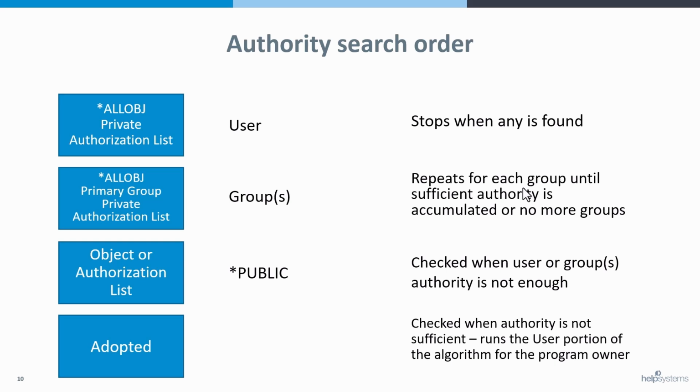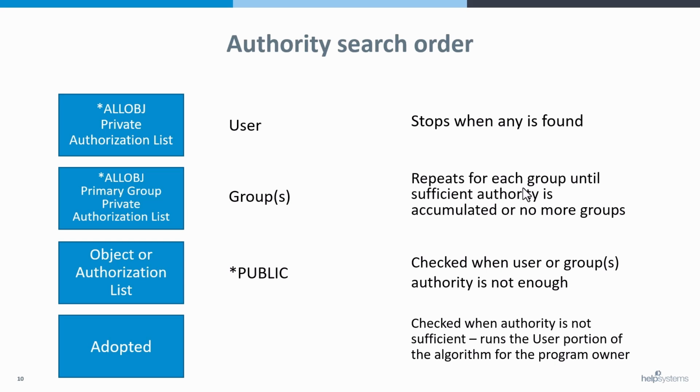So lastly, if public doesn't have authority, adopted authority is checked. And when that adopted authority check runs, if it's not sufficient, that is when the authority failure will be logged into the audit journal and the job will possibly fail.